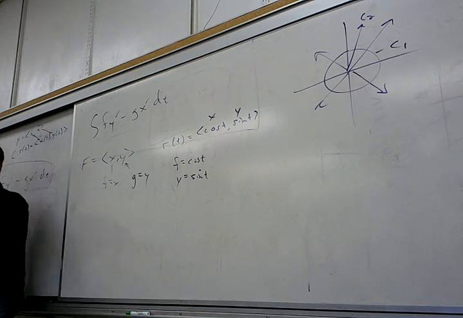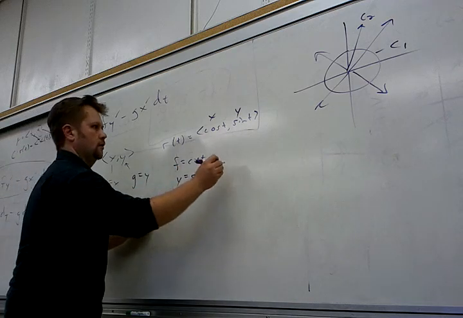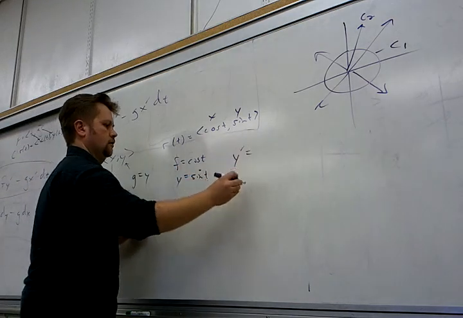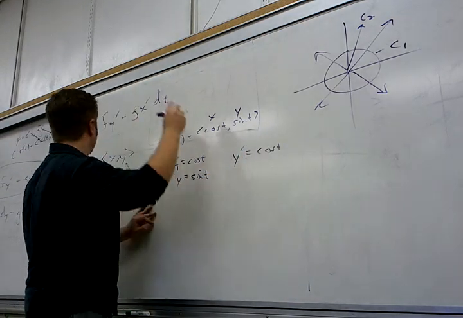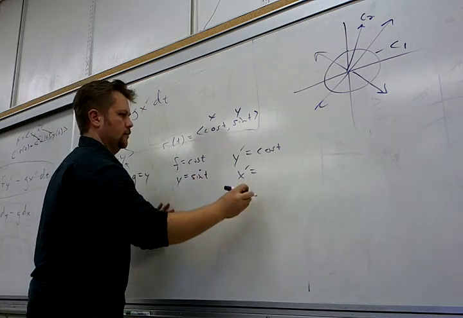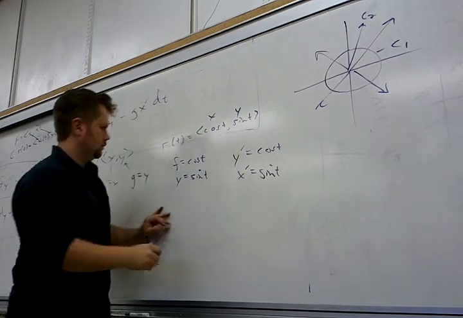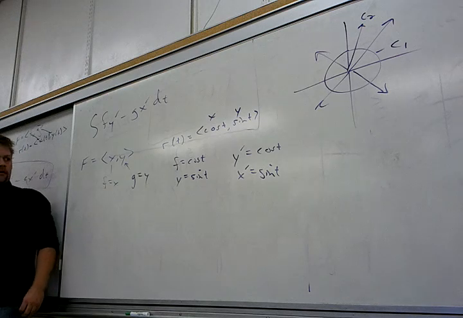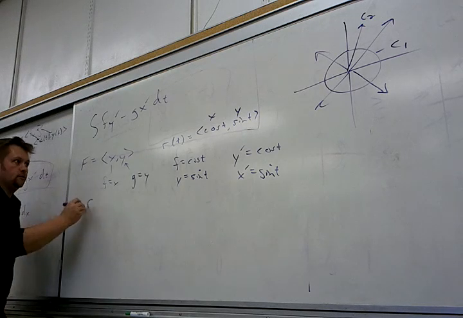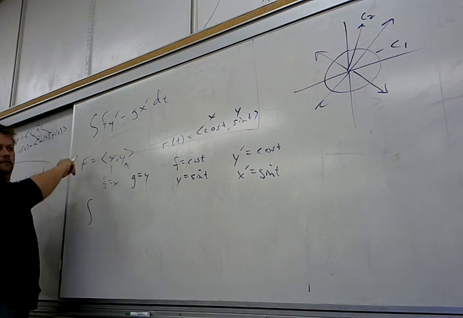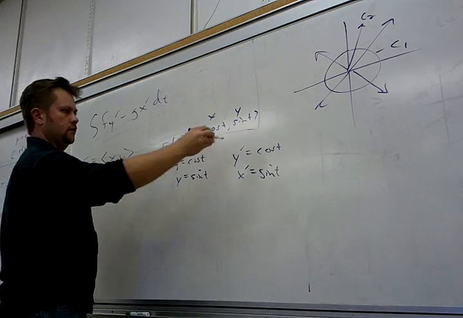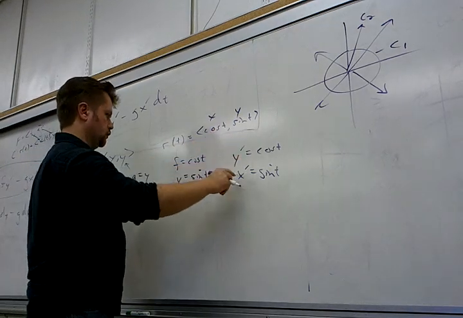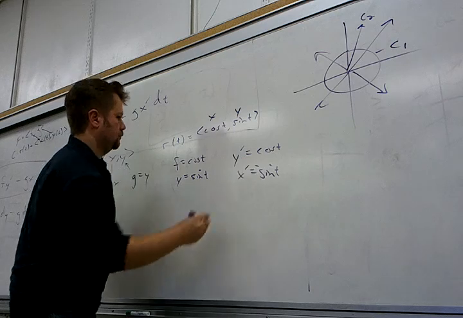So what's y prime? Cosine t. And what's x prime? Negative sine t. Cool. So putting this back together, what do we get? X prime is negative sine. Yeah, x is cosine, good.